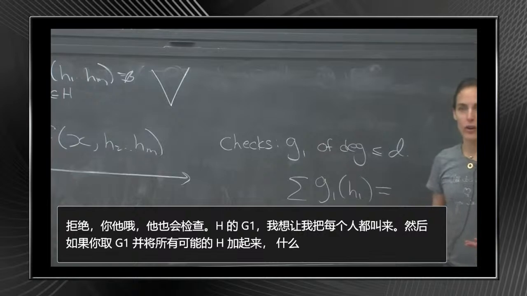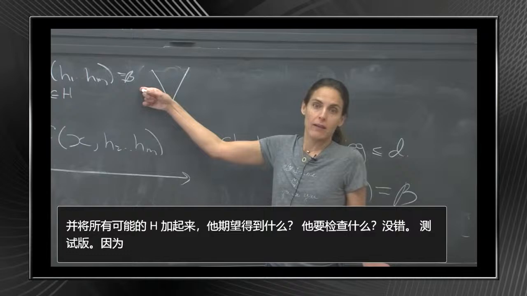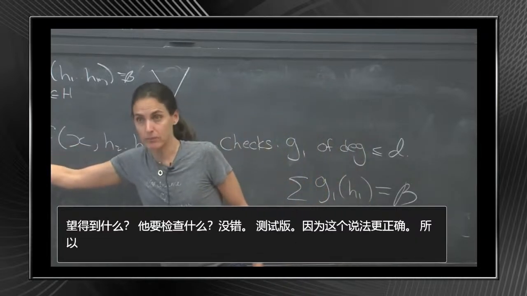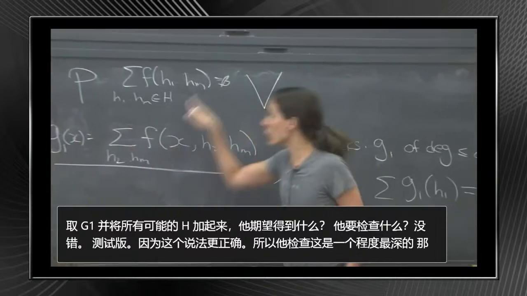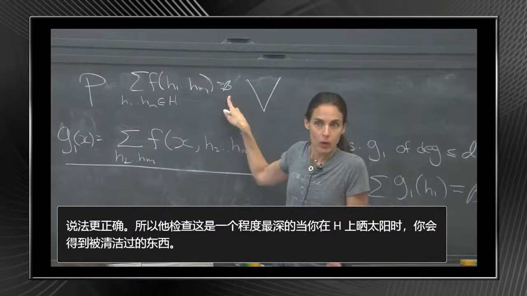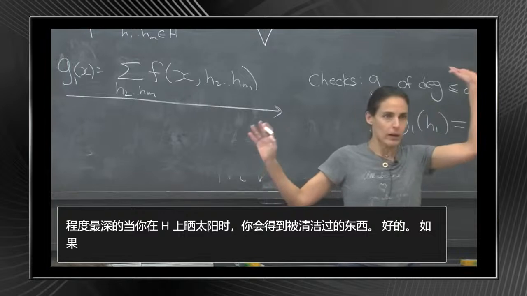What would he check for? Beta. Exactly, beta, because the claim is beta. So he checks that this is of degree at most d, and that when you sum over the h's, you get what was claimed. Okay? If this does not hold, then he rejects. He immediately says, I reject you.